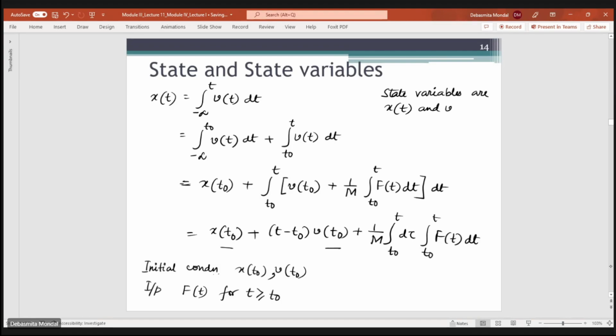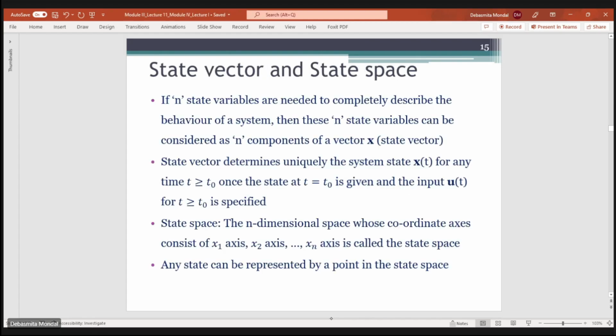Because if you have knowledge about this x(t) and v(t), and if you know the information about your input, then you can easily describe the output of your system, or the dynamics of your system for any time t greater than or equal to t0. In general terms, if n state variables are needed to completely describe the behavior of the system, then these n state variables can be considered as n components of a vector x.